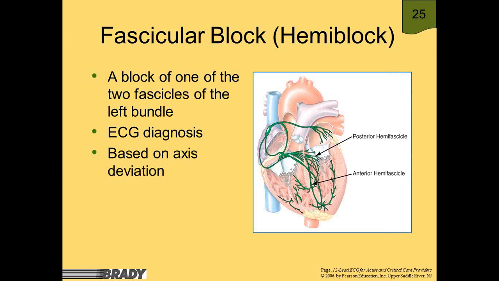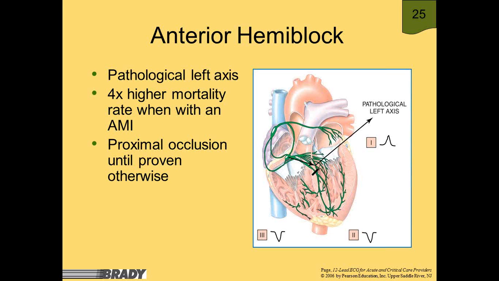But they are a big deal because they interrupt the conduction in the left ventricle. Okay, so we're going to diagnose this with a 12-lead ECG. Okay, and it's based on that axis deviation. Okay, so we'll talk about that. Pathological left axis deviation, or that anterior hemiblock.